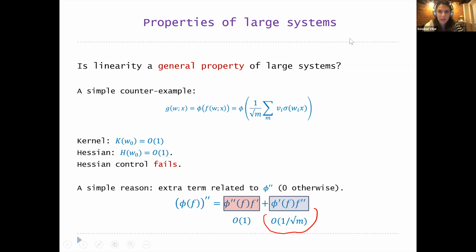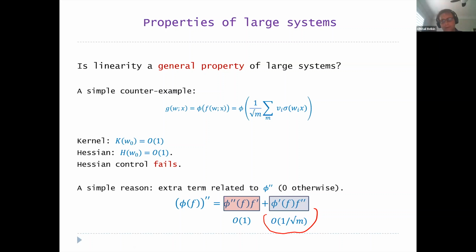Another question is, could you elaborate on NTK for recurrent neural networks, and whether it can take temporal correlations into account? That's a really good question. I don't know.